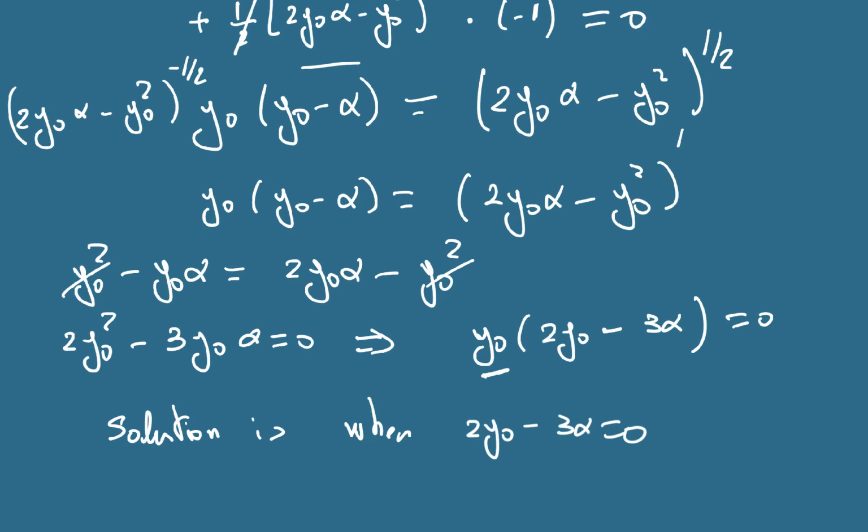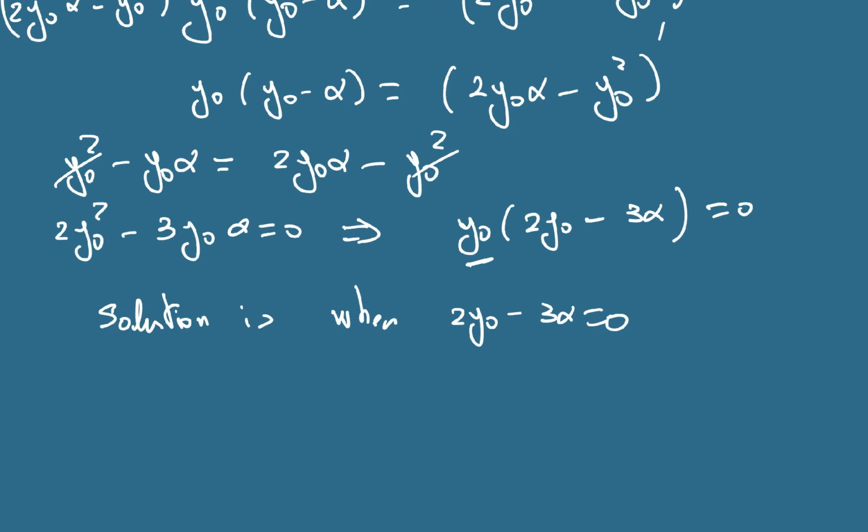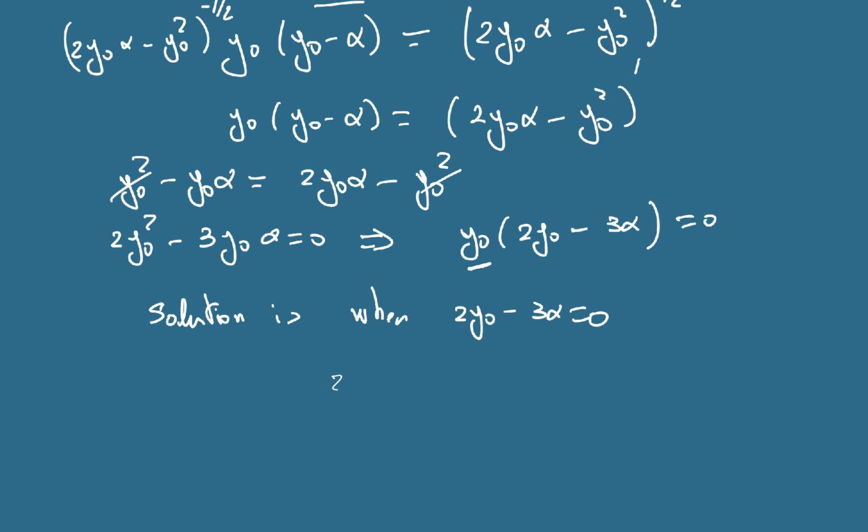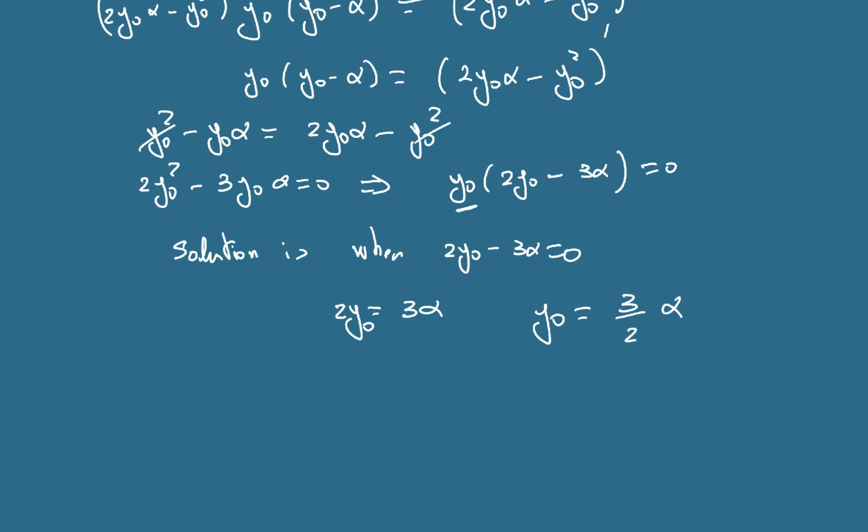Or in other words, when 2y0 equals 3 alpha. Or in other words, when y0 equals 3 halves alpha. Now we check our result. How?